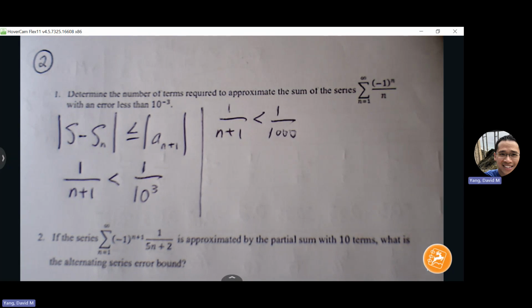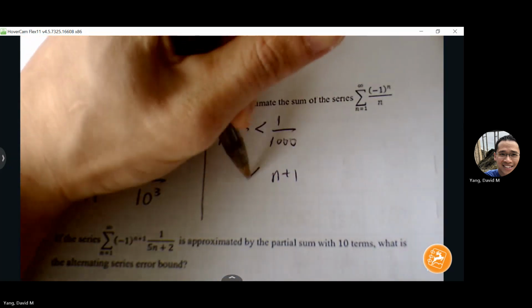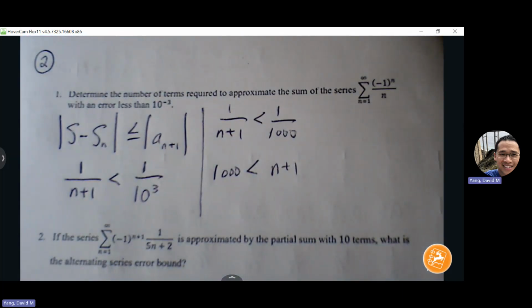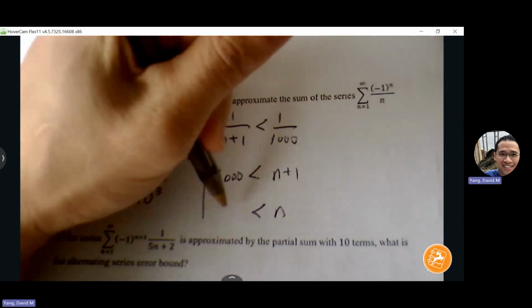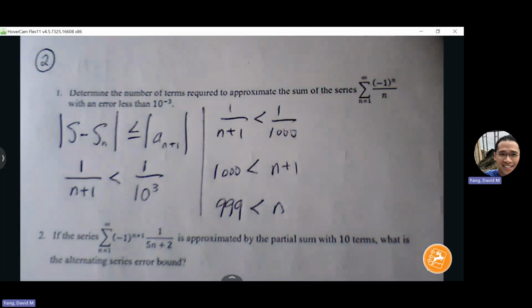We solve this inequality: n plus 1 is greater than 1000. So if I solve for n, I get n is greater than 999. So if n is greater than 999 terms, our partial sum's approximation is off by no more than 1/1000.